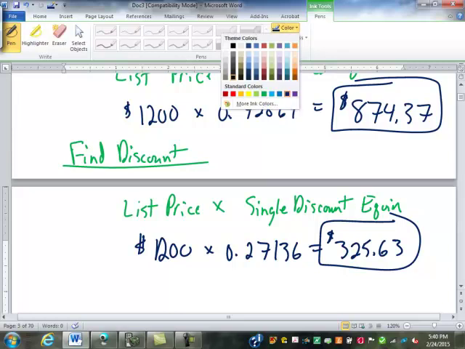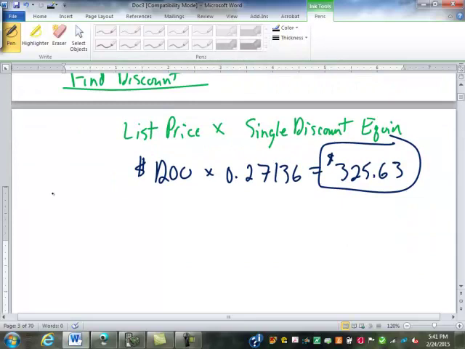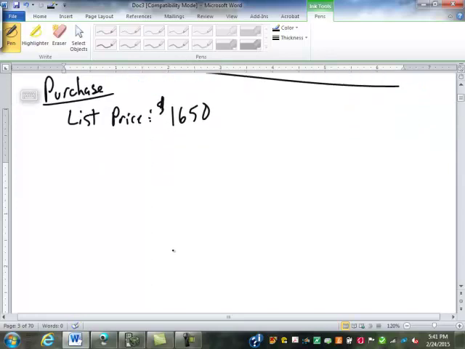So let's do at least one more example, and then I'll let you guys try one. So we're going to purchase merchandise at a list price of $1,650 with the trade discount listed as 8, 6, 2.